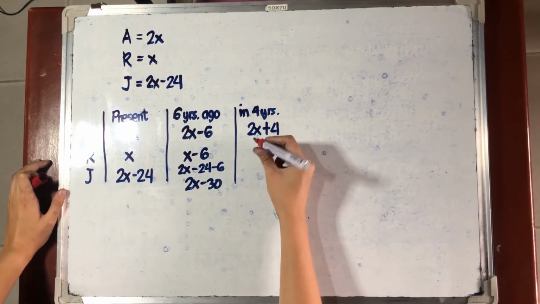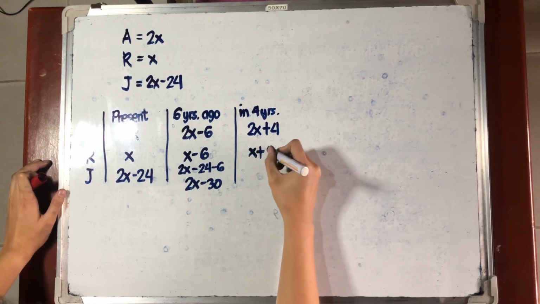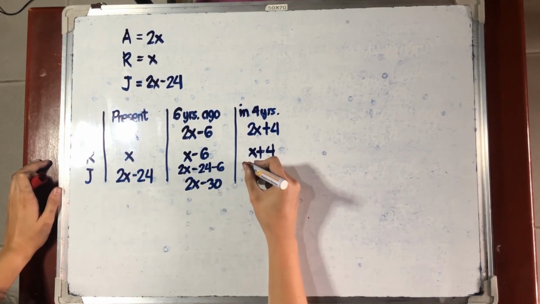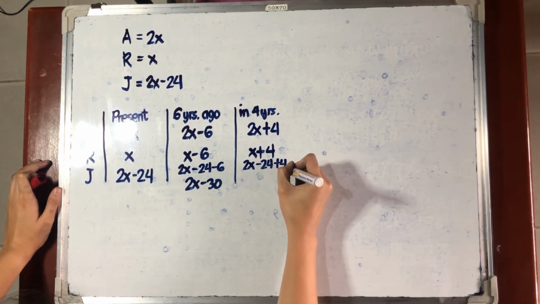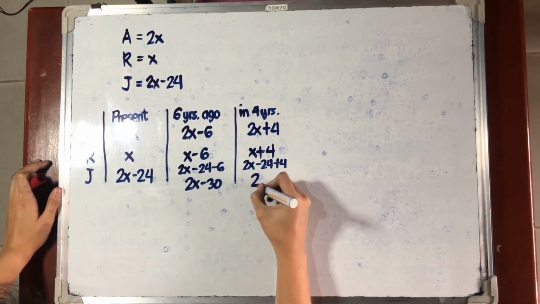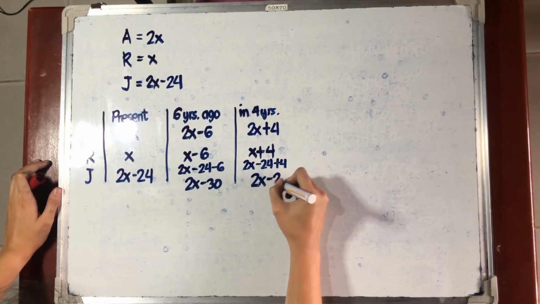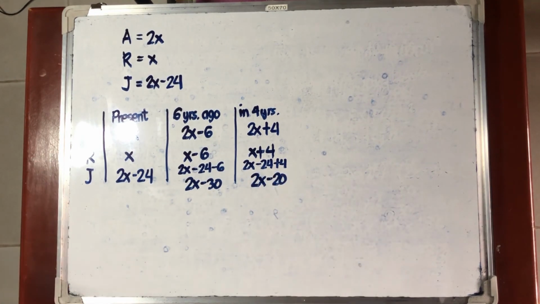Correct, di ba? And X plus 4 naman for Rico, and this one would be 2X minus 24 plus 4. Tama yan, di ba? O simplify ko siya, that would be 2X minus 20 siya. So, ito yung mga ages natin.